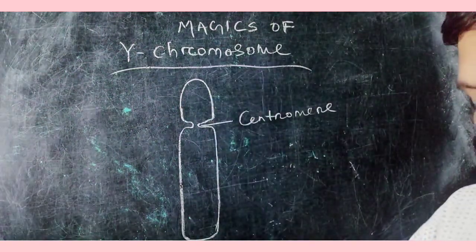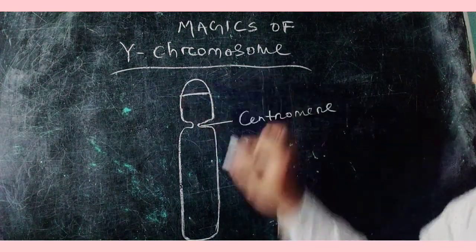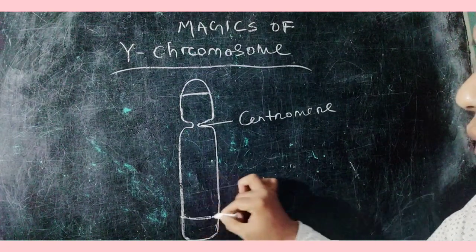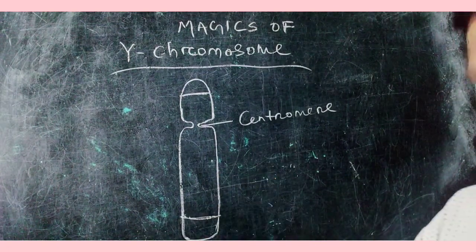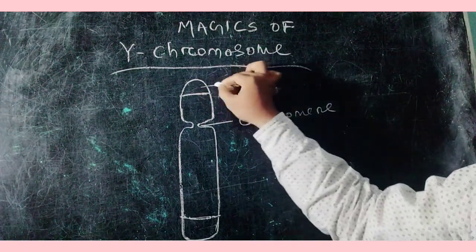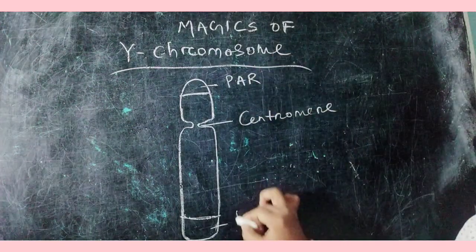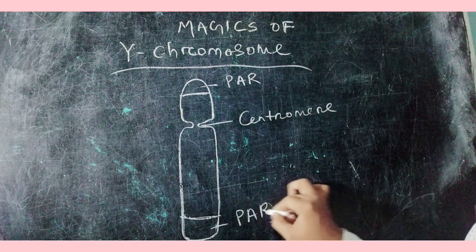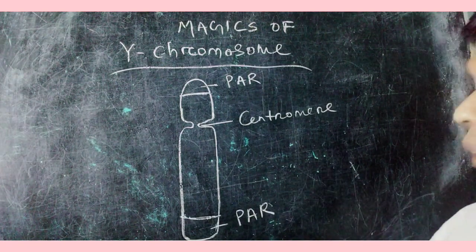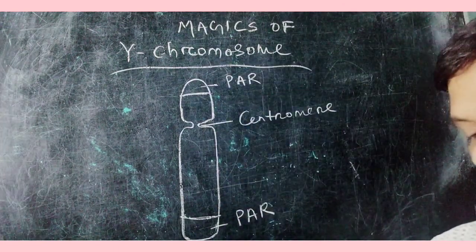The tip of the Y, one tip, another tip here. This tip of the Y consists of the pseudo-autosomal region. Two pseudo-autosomal regions are found on the terminals. Okay. So this is the short arm and this is the long arm of Y.